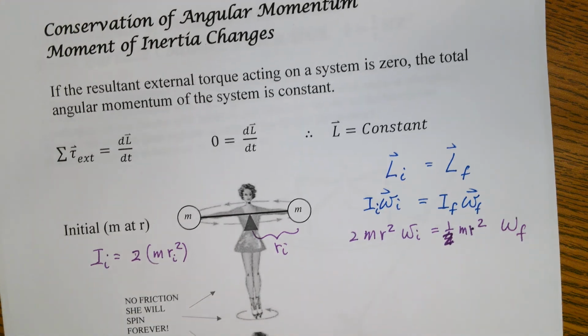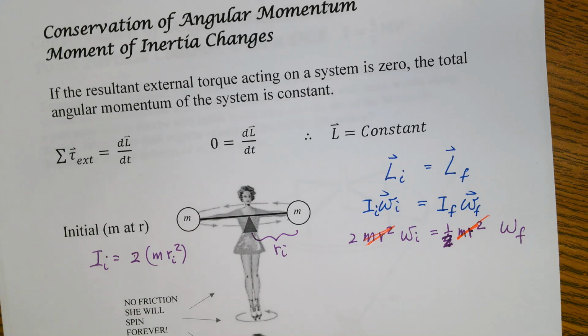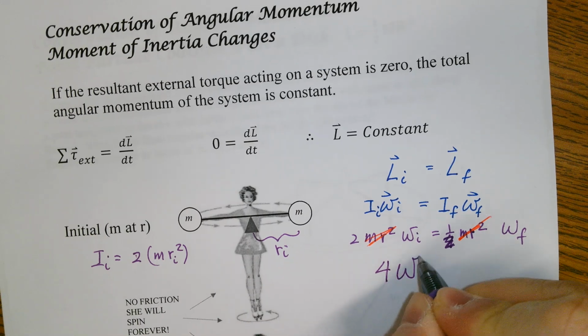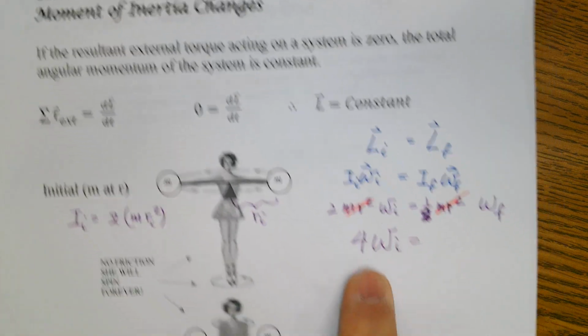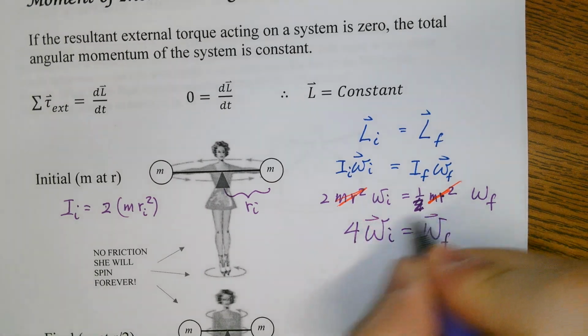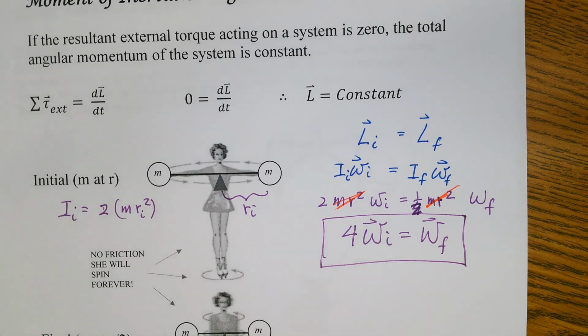So notice how this cancels out with that, and bring the 1/2 to the other side by multiplying 2 to both sides. I get 4 times the initial angular velocity for my final angular velocity. So you'll increase your speed by 4 times.